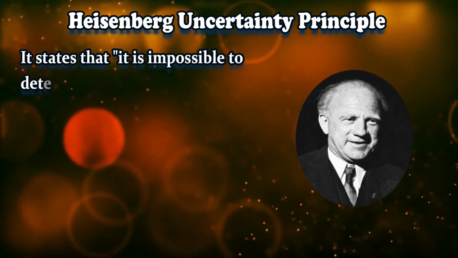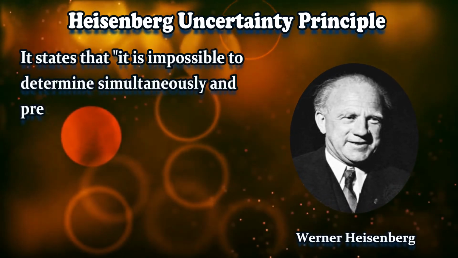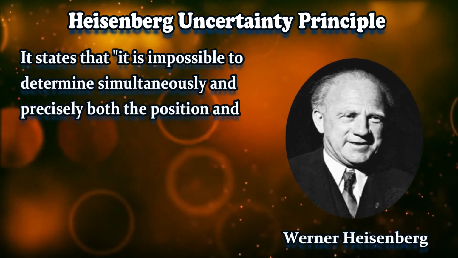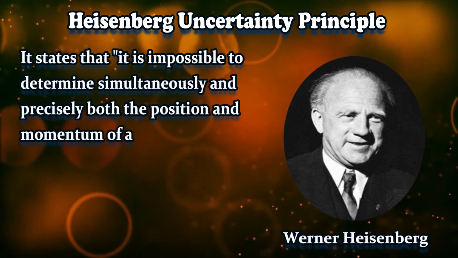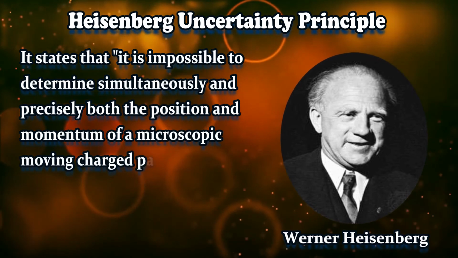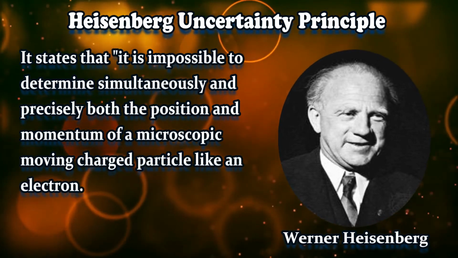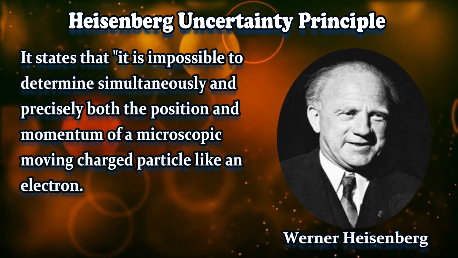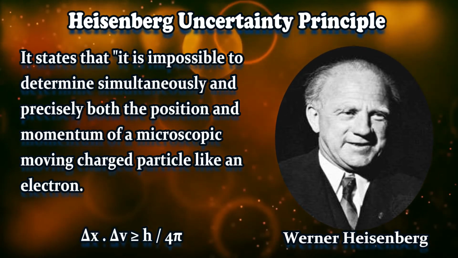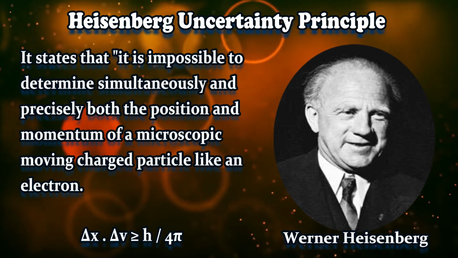If we go for the statement of this principle, it states that it is impossible to determine simultaneously and precisely the exact position and exact momentum or velocity of a microscopic moving charged particle like an electron, right? So basically, if you are trying to locate an electron, that yes, at this point of time, say at 6 p.m.